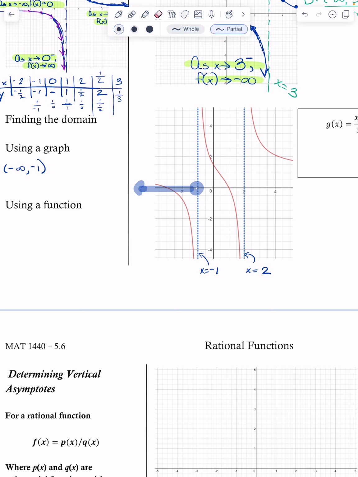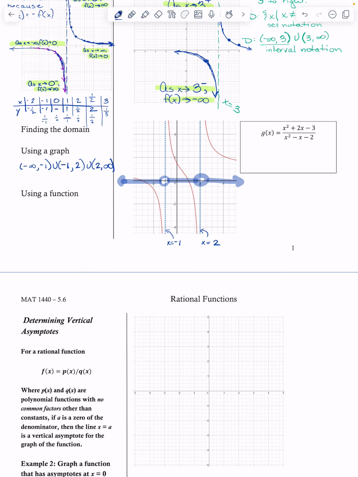And then we go from -1 to +2, this part. And then we go from 2 to positive infinity. So it's nice when you have the graph. It is pretty easy to figure out what that domain should look like.